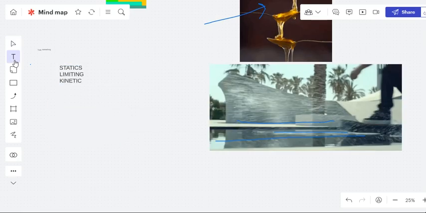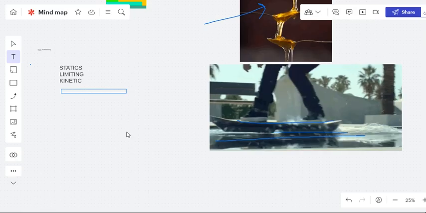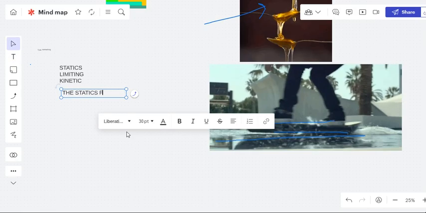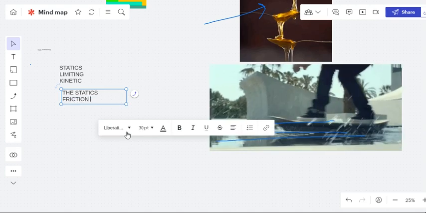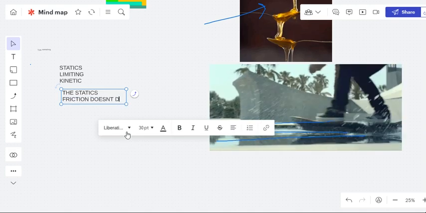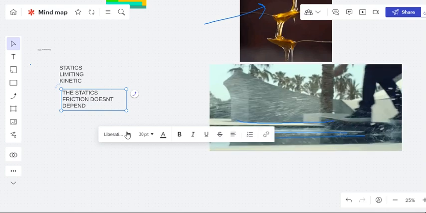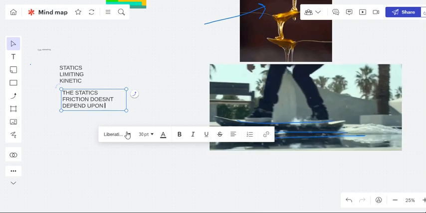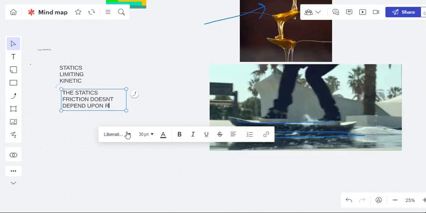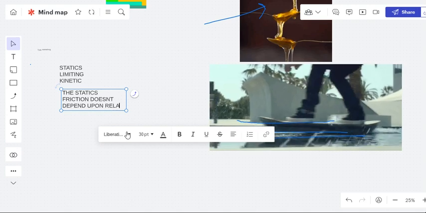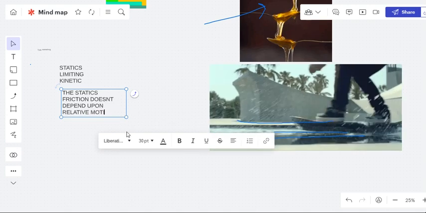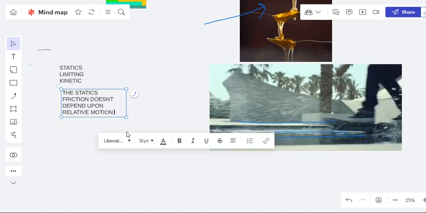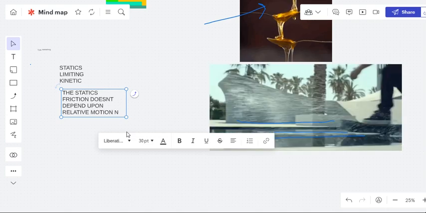What is static? The static friction does not depend upon relative motion. It does not depend upon the relative motion, neither is it affected by the relative motion.